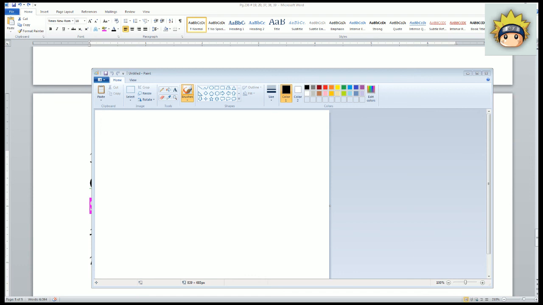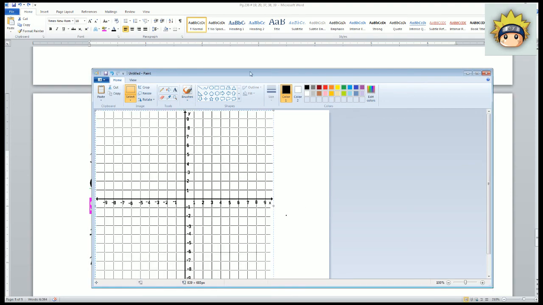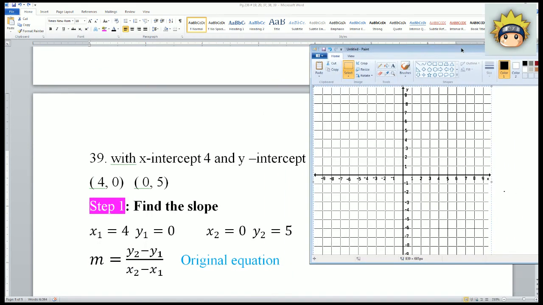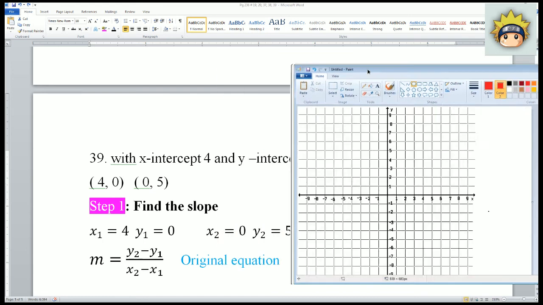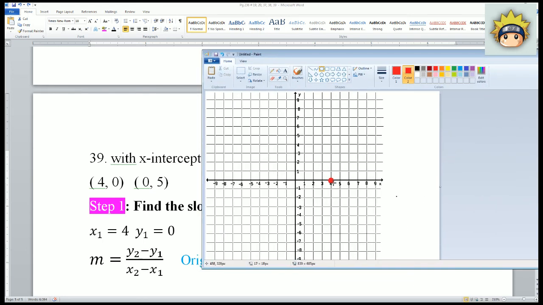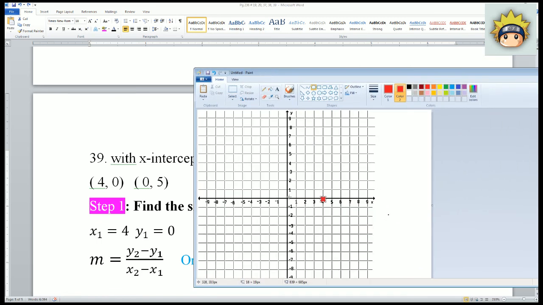There you go. Here, let's graph this. With an x-intercept of 4, let me get my dot here, and make that red. That's 4, 0, right there. What's the next one? 0, 5. 1, 2, 3, 4, 5. Here's the other point.